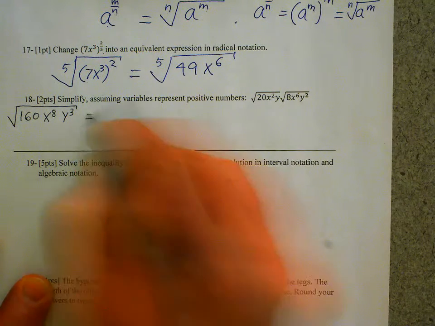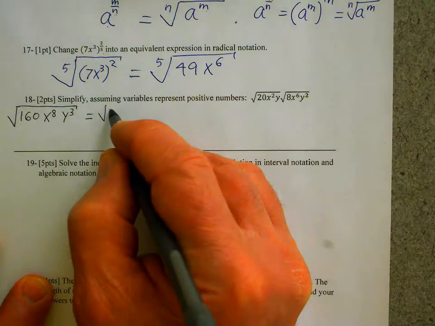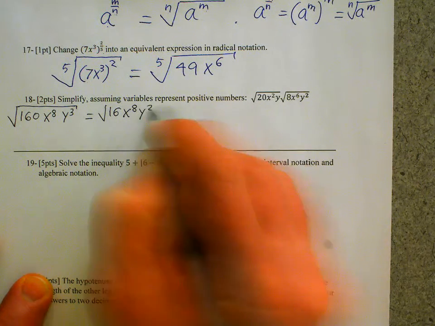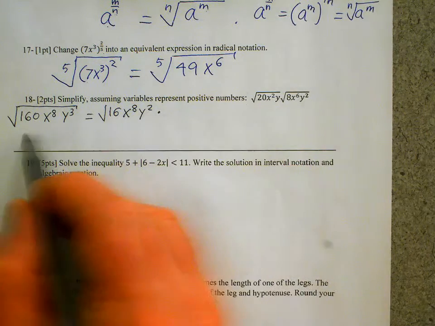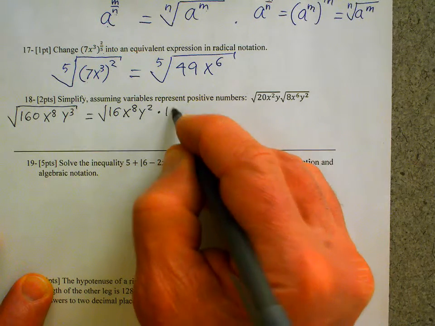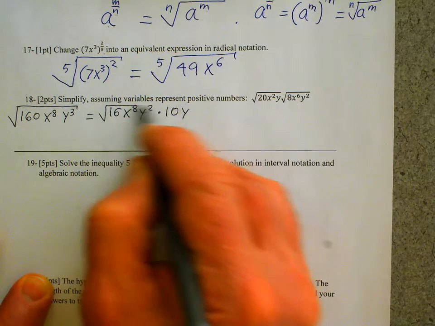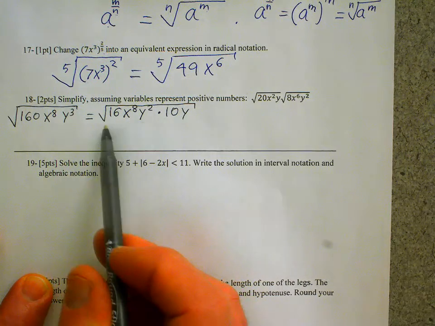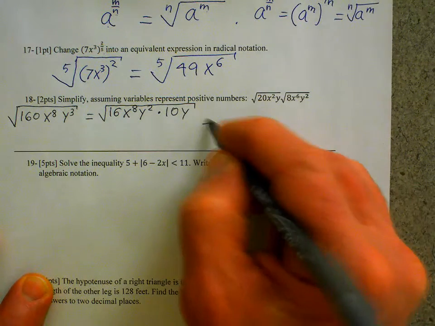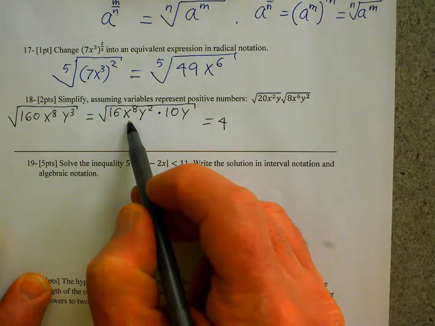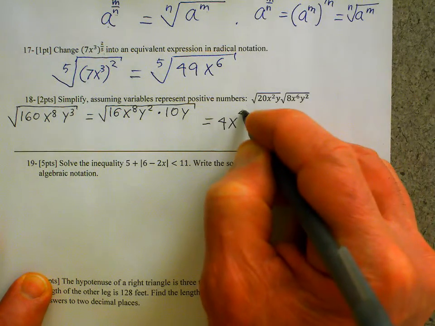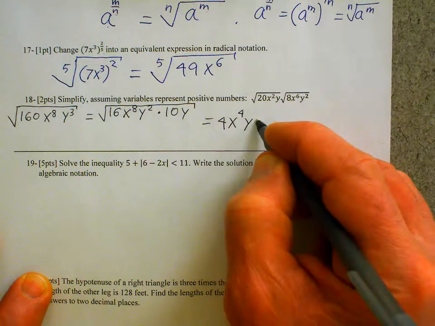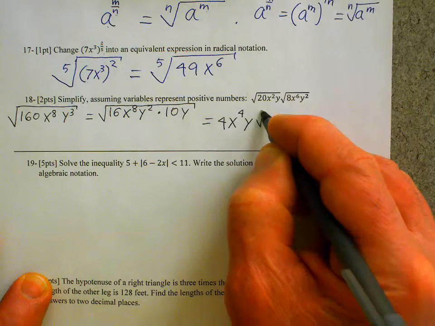So let's rewrite this as the square root of 16x^8y^2 multiplied by the remaining factors, 10y. And then we compute the square root of the perfect squares. The square root of 16 is 4. The square root of x^8 is x^4. The square root of y^2 is y. And then we multiply 4x^4y times the square root of 10y.